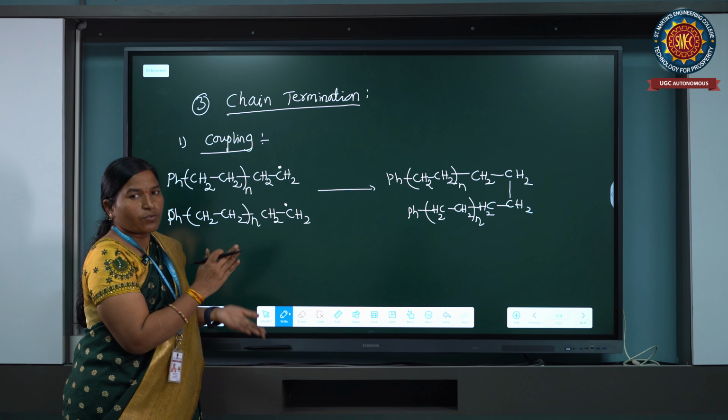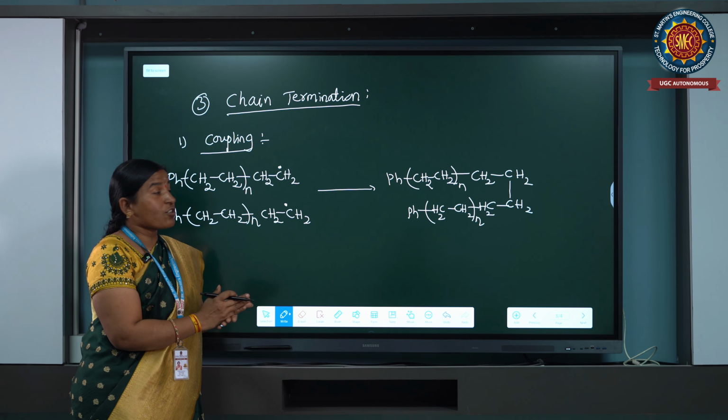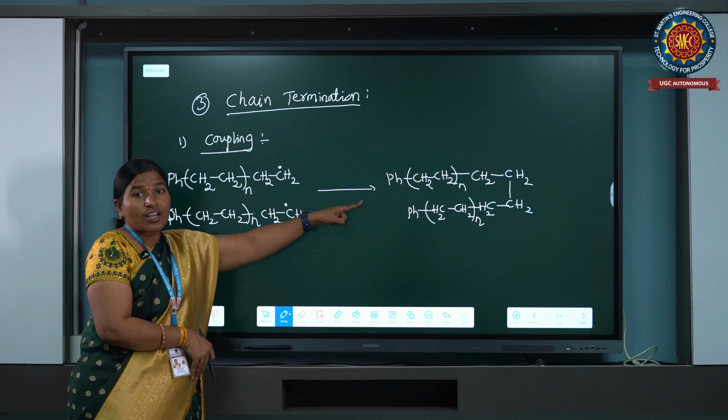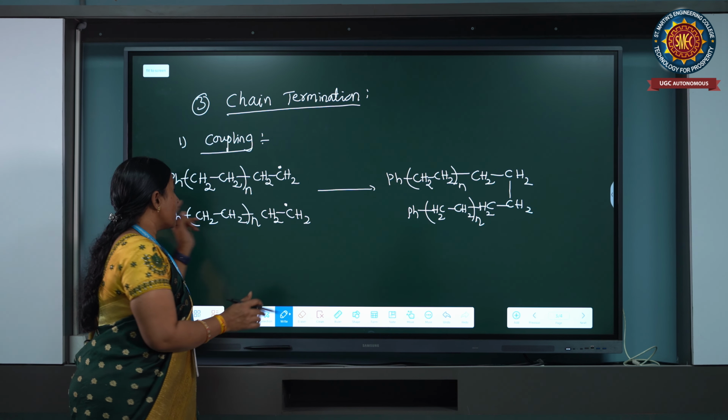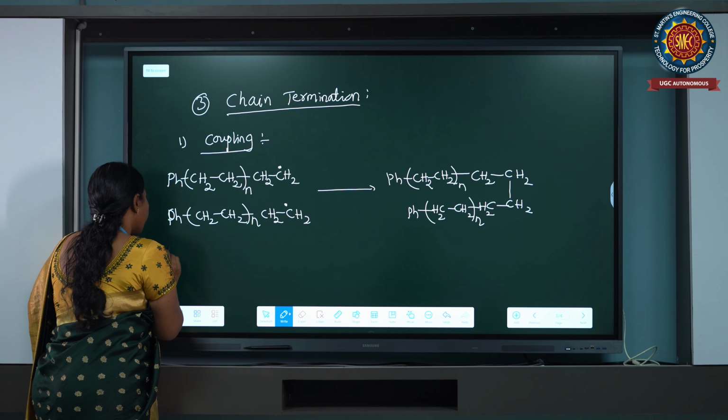Then we can stop the reaction. How can we stop the reaction? These radicals are not present on the product side. Now this is the coupling one.